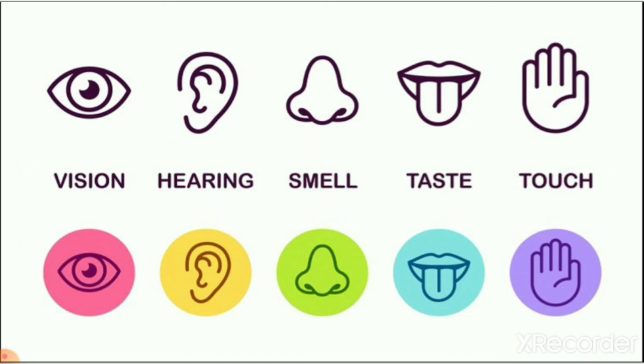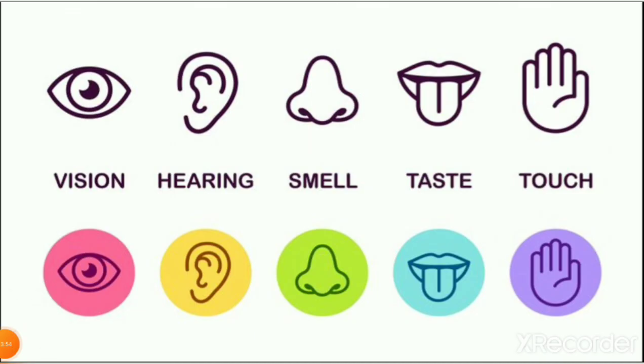We use the eye for vision. Vision means we can see anything. Ears help us to hear. The nose helps us to feel different smells, right? Then taste, we use our tongue to taste things, and touch, we can feel with the help of our skin, right?